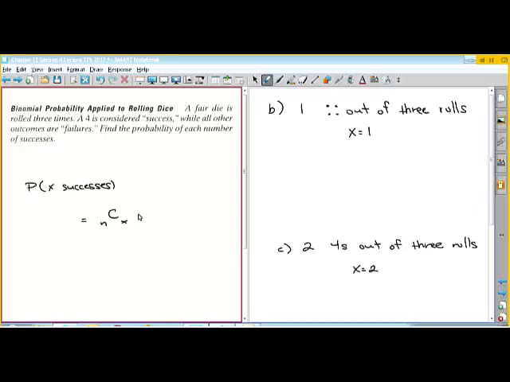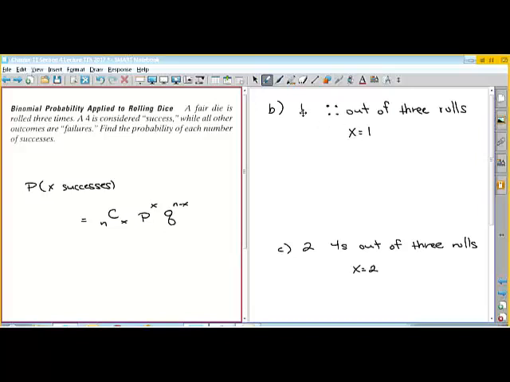That's just the combination formula. You have the probability of success raised to the x power and the probability of failure raised to the n minus x power. So all we need to do is figure out what x, n, and p is. Once you know p, you can figure out what q is.